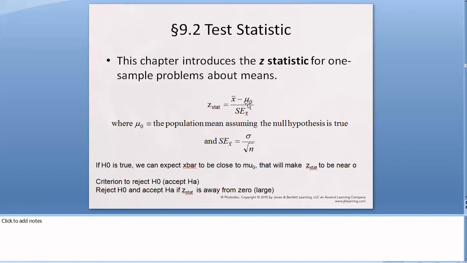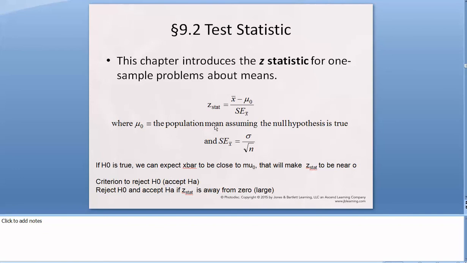If this is much more than 170, we will have a large z stat. So what is the data telling us? Hey, do not go with 170. So roughly speaking, if this value is large, data is supporting the alternative hypothesis. If this value is near 0, data is supporting the null hypothesis.